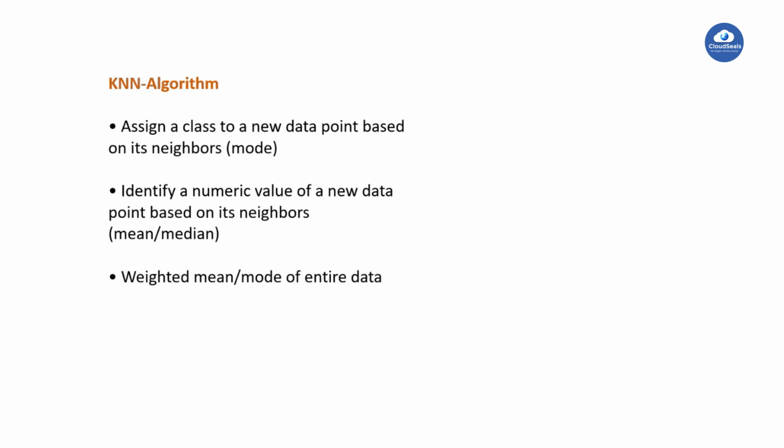Whatever mathematical value we get for the new data point, if some other points already existing in the training data are very near to this value, we say this data point belongs to whichever class those data points belong to. So based on the nearest neighbors, we identify the numeric value of the new data point.